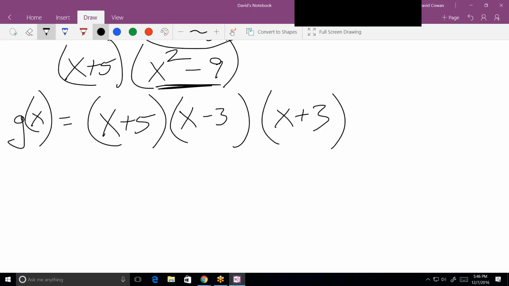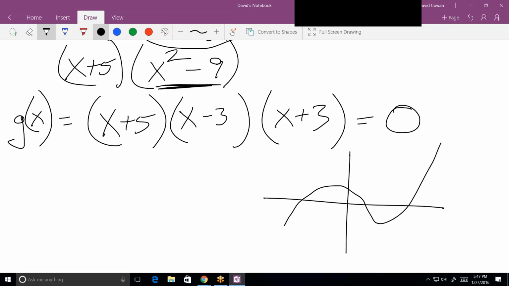And they said solve it. Well, they didn't really mean solve it. They meant find the zeros. Because there's no solving this. Okay. This is a function. I could graph this function, but unless you set it equal to something, you can't solve it. Well, the only thing that I can do is set it equal to 0, and that's going to find the zeros. In other words, this function might look something like that, okay?